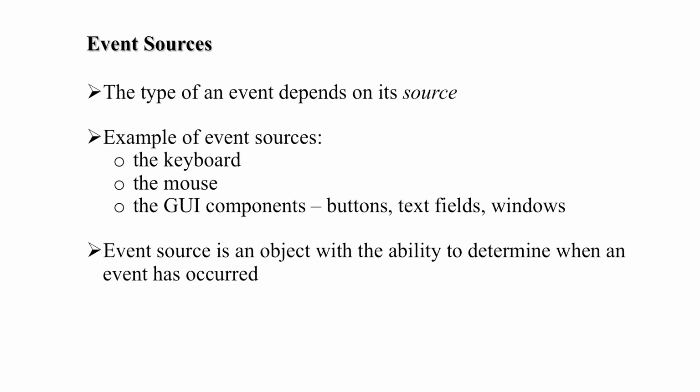Now the next concept is event sources. The type of event depends on the source from where it is generated. The different event sources are the keyboard, the mouse, or a GUI component like a button, text field, or window. An event source is an object with the ability to determine when an event has occurred.